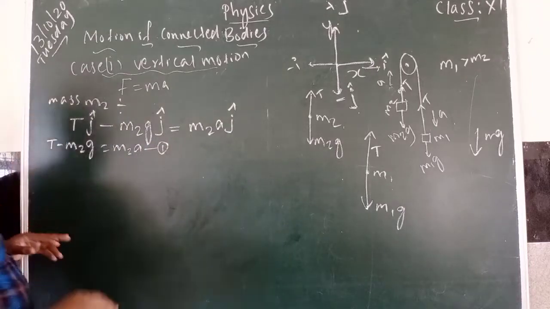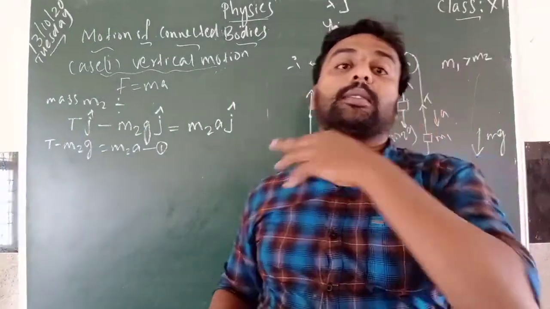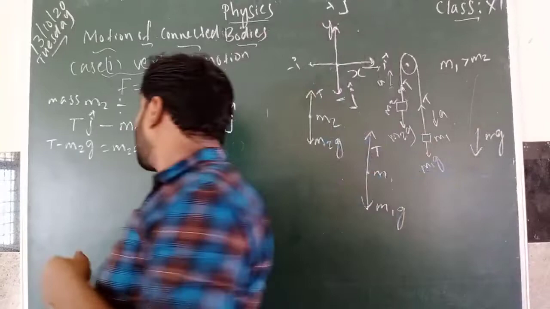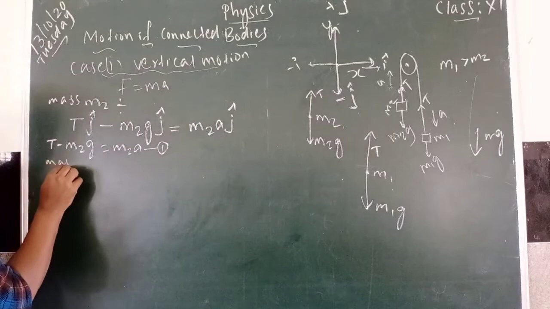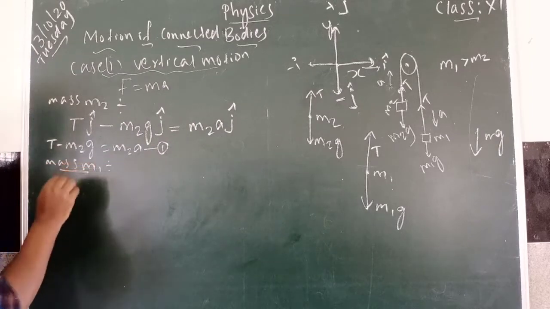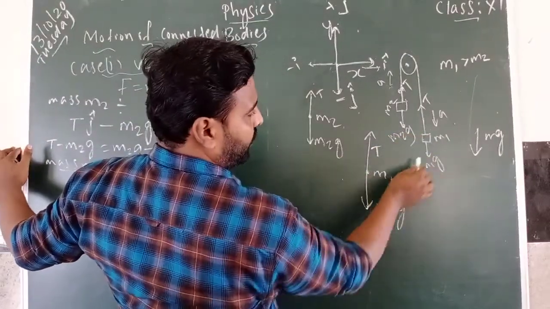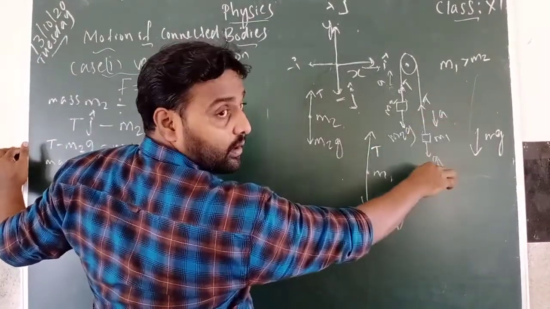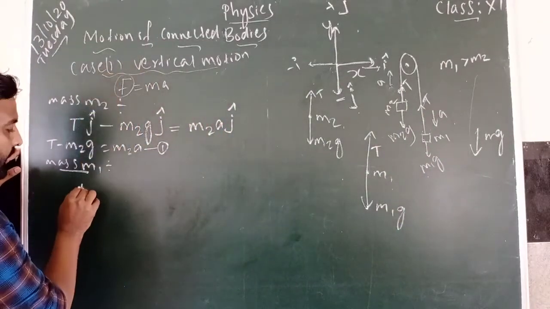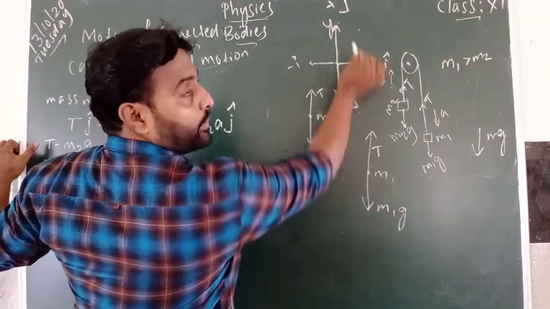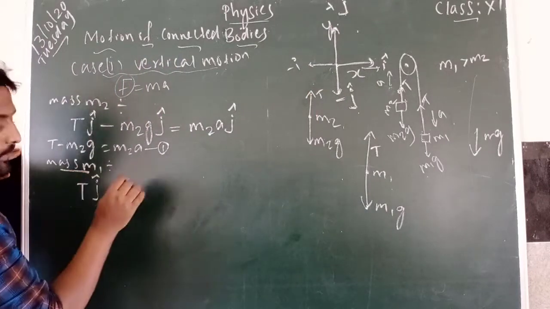Now similarly, do the same thing for mass m1. Applying Newton's second law on mass m1, take this mass: upward tension, downward m1g. The tension acts upward, which is plus j, so T j.